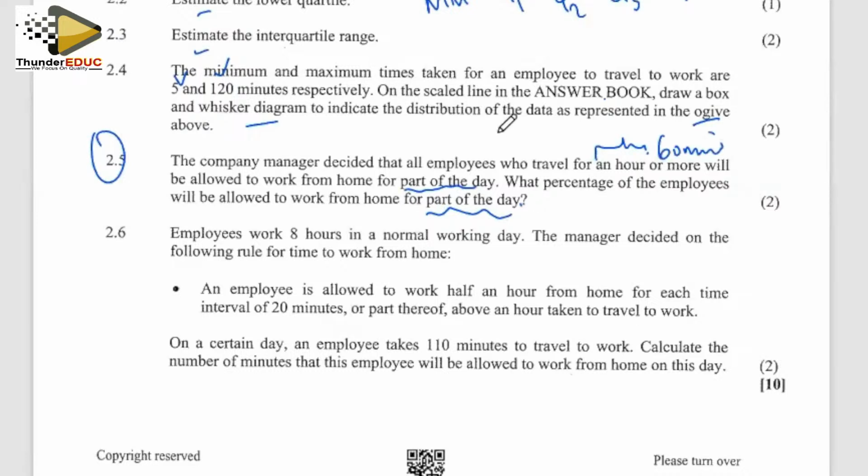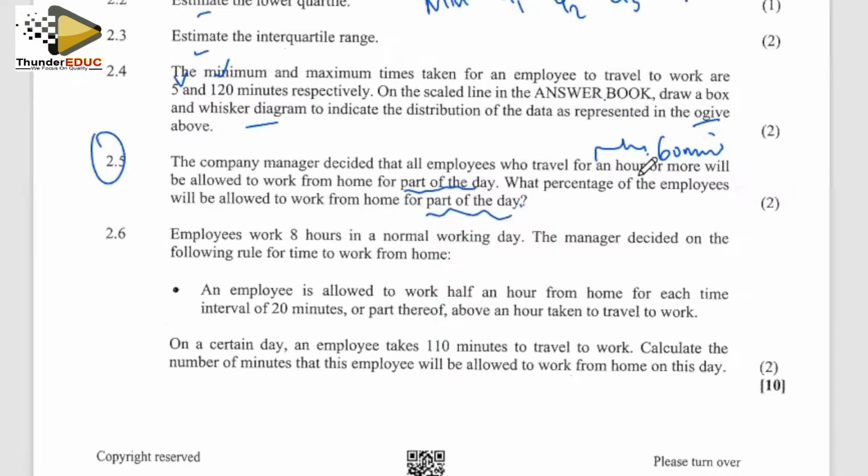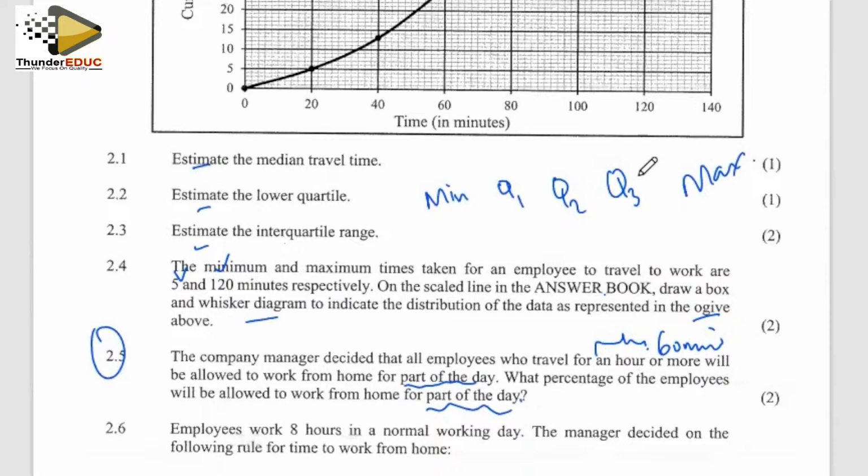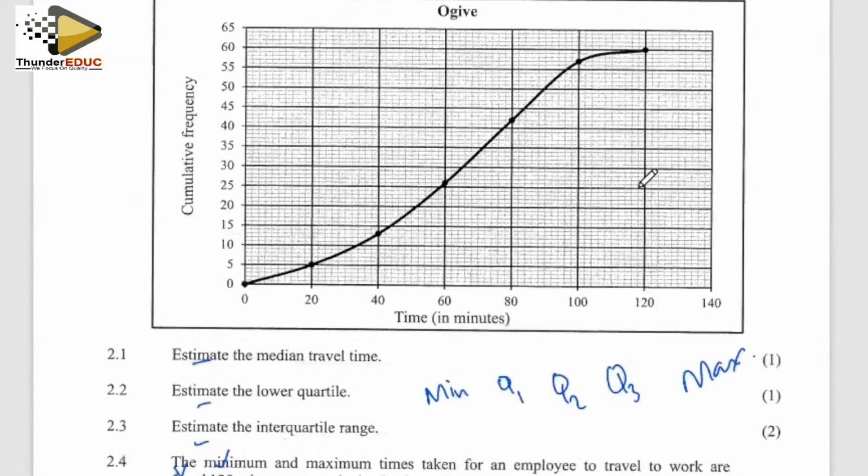So we want to see how many employees are using more than an hour to get to work. Okay, so 60 minutes, we have this line. Follow that line of 60 up until it meets the ogive, and then we take the reading from this side. So that should be around about 26, okay, around about 26.